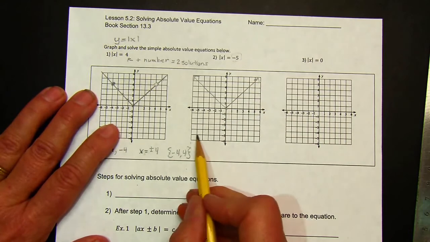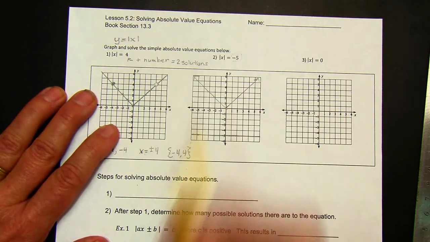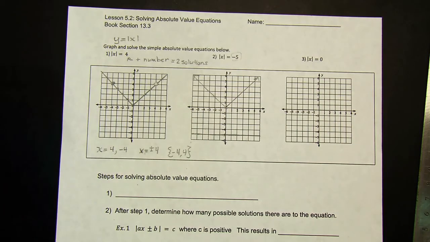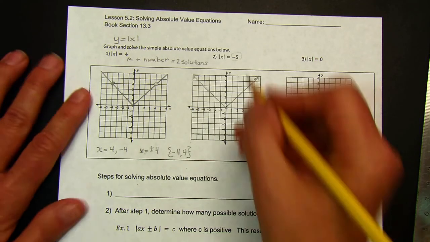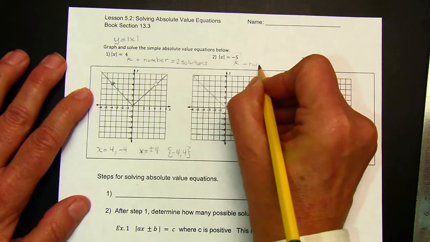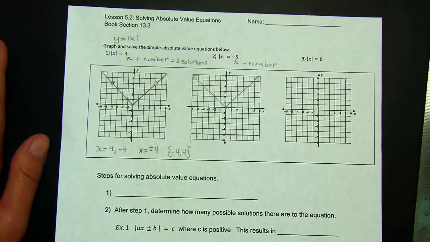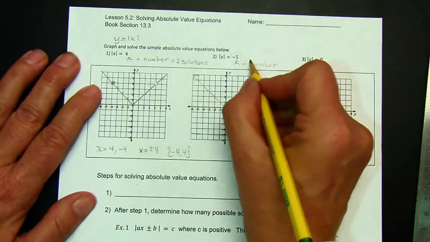Well, negative 5's down here. Are there any points on that absolute value graph where the y value is negative 5? Are there? No. Okay. So when this is a negative number, how many solutions do we get? None. We get no solution.